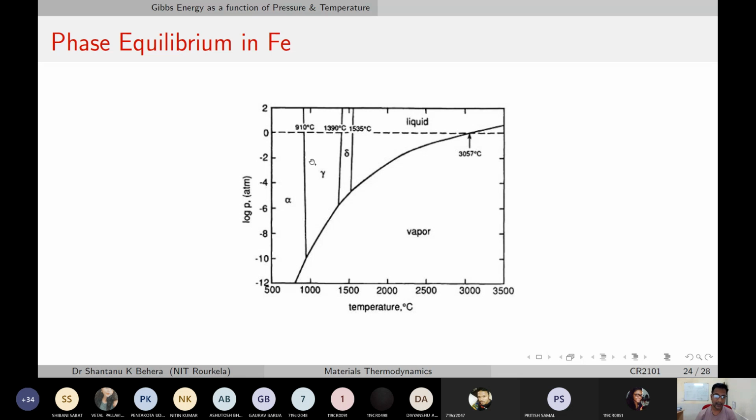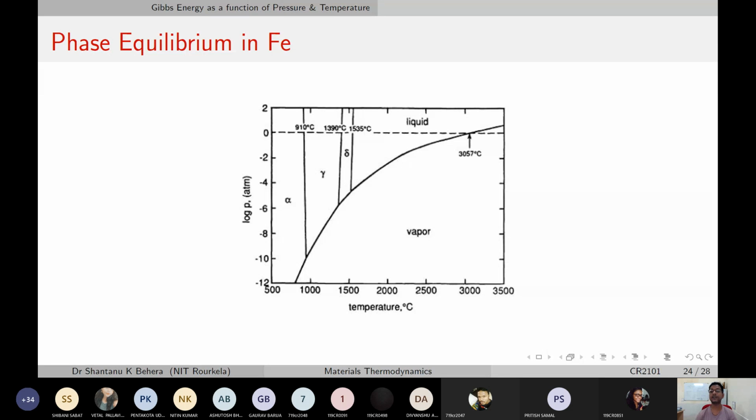Okay, and then at 910 degrees Celsius it transforms into another phase, which is the gamma phase. Right? Now, gamma iron is not BCC. It's called austenitic iron, and that's an FCC phase.